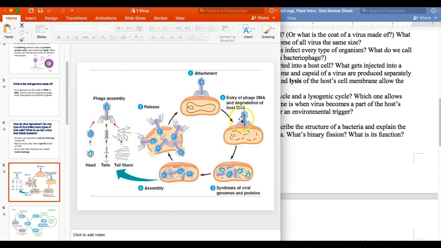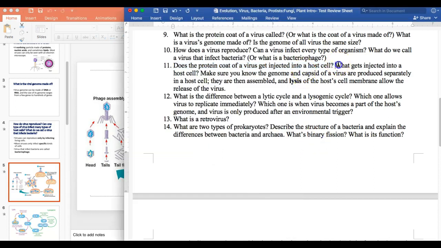So the protein coat itself doesn't actually get into the host. What gets injected into the host cell? DNA or RNA, or you can call it the genetic material of a virus. Make sure you know the capsid and genome are produced separately, and then they get assembled, and lysis slices open the cell membrane to allow the release of the virus.